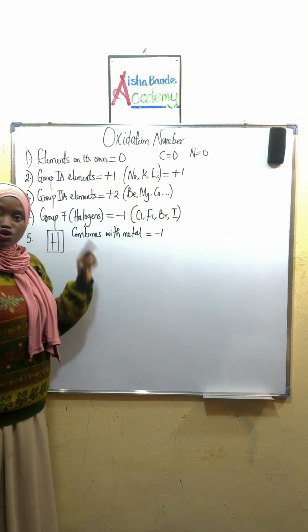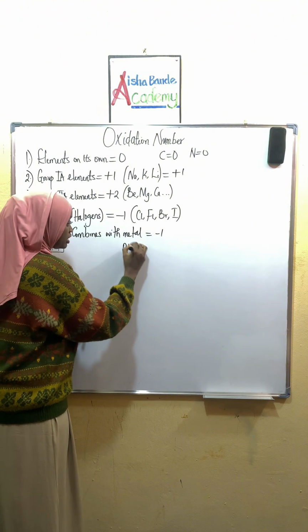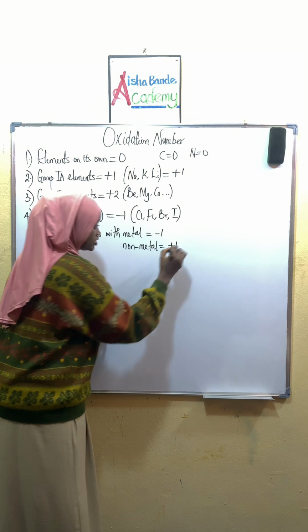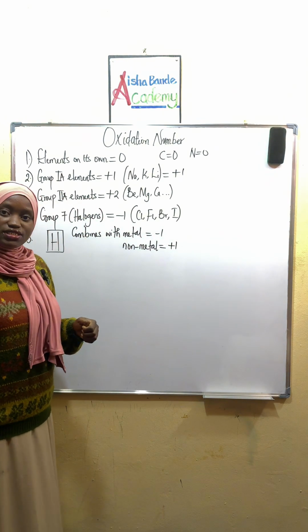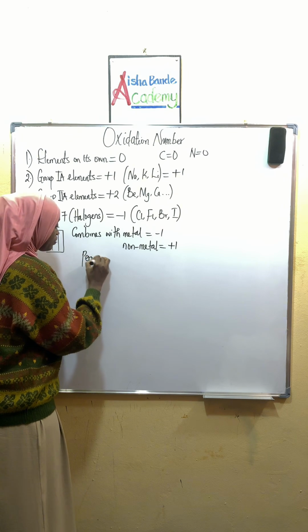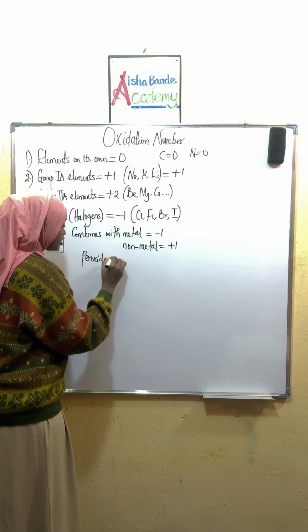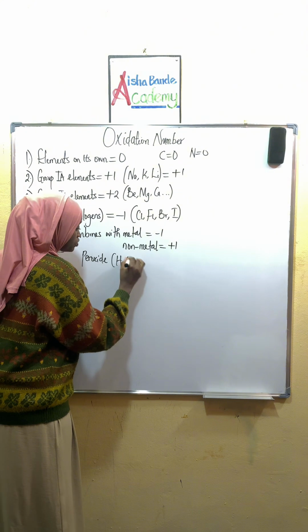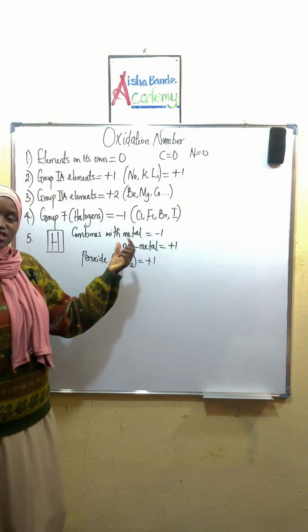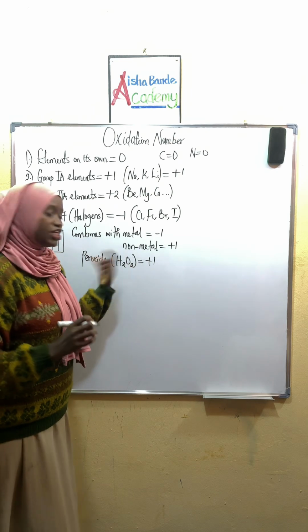But when hydrogen combines with a non-metal, the oxidation number is +1. Then when hydrogen exists as a peroxide, for example, hydrogen peroxide, the oxidation number of hydrogen is equal to +1. So these are very important for us to take note.